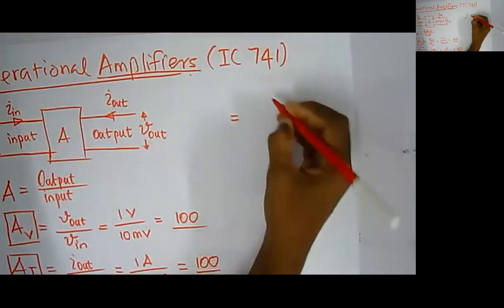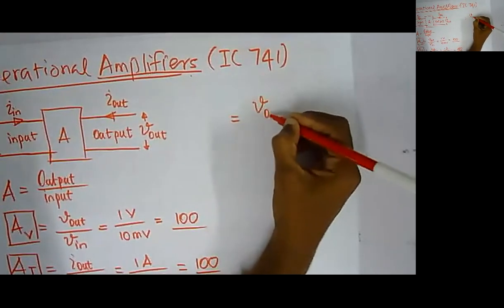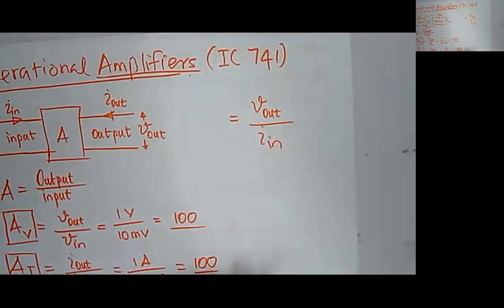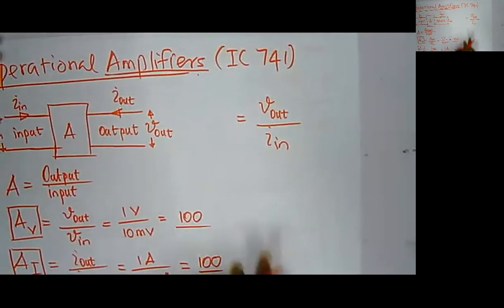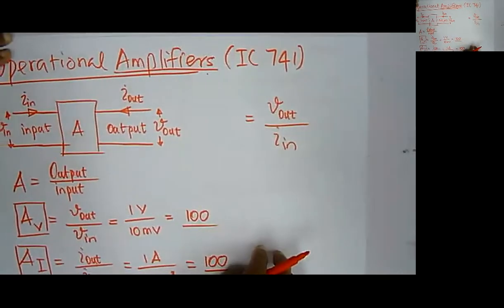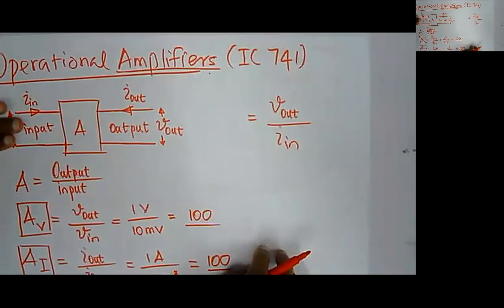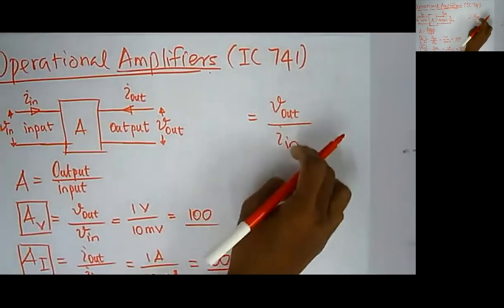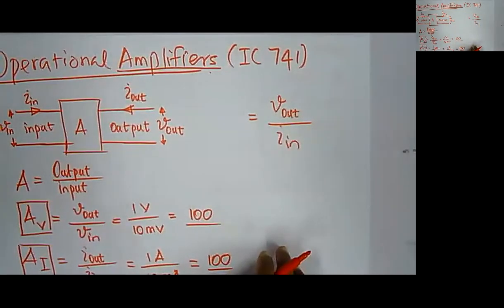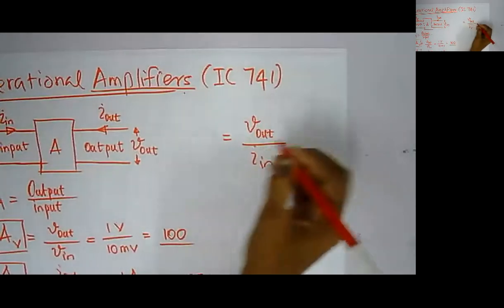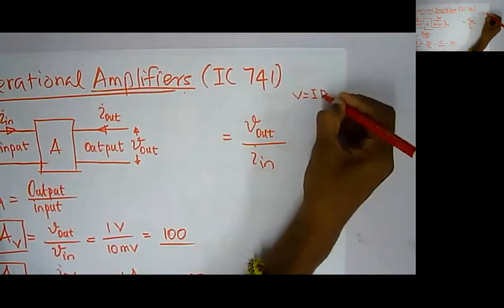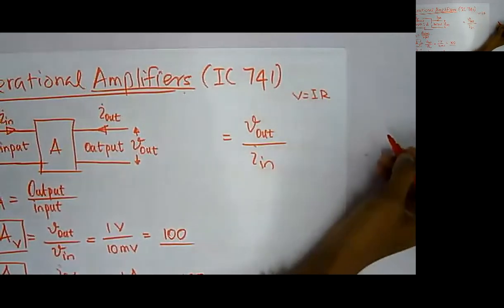Suppose we have V out divided by I in. You have an amplifier which has input current and output as voltage. Then you will write your gain as V out by I in. We know that V equals I into R, using Ohm's law.